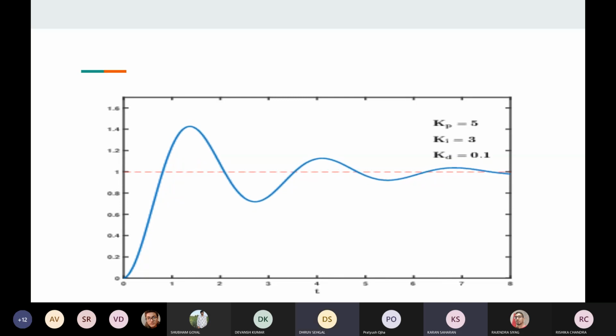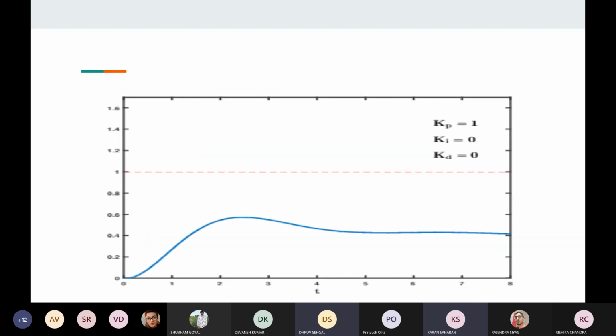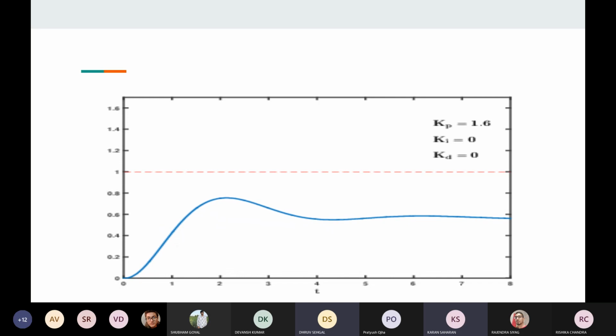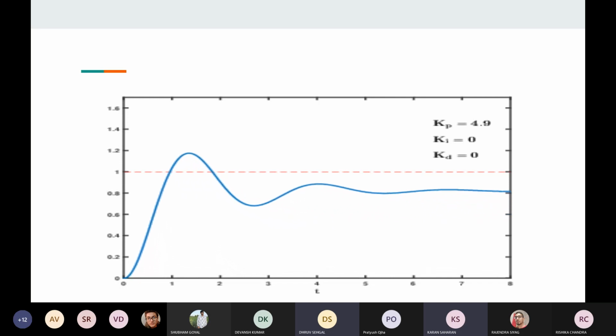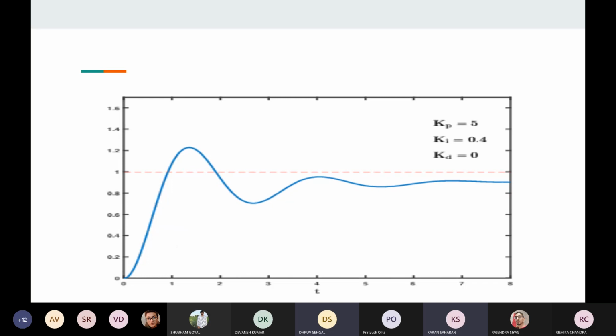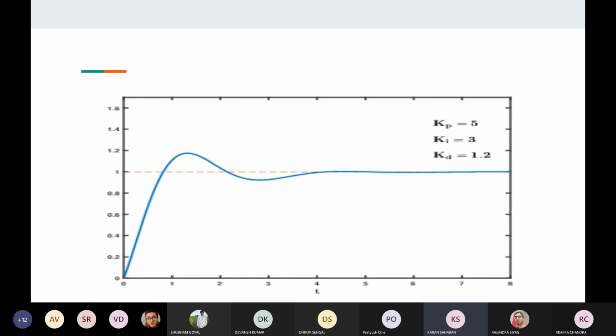No, this is not the output. KP multiplied by error is not the output. It is basically a correction to the output. Not exactly a correction to the output, but a correction to the various parameters inside the function that determine the output. Okay, sir.